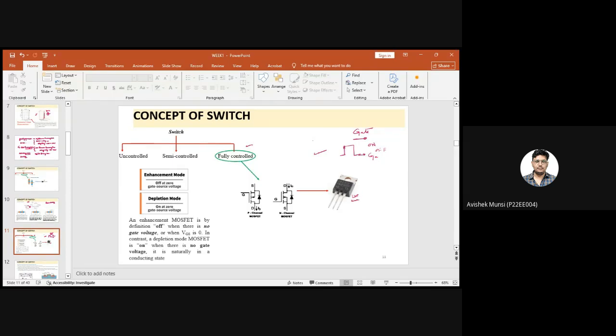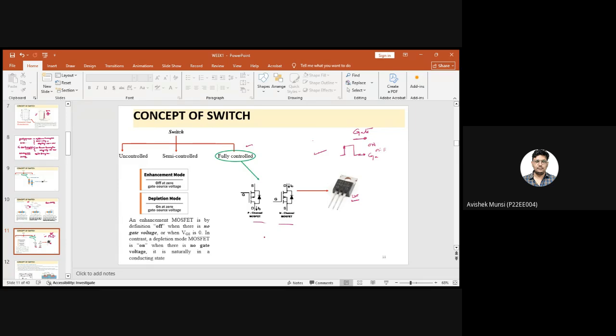This is a MOSFET. A MOSFET can be of two types: P channel MOSFET, N channel MOSFET. That depends upon the enhancement MOSFET. The enhancement MOSFET can be defined by off state where there is no gate voltage, and on state when there is a gate voltage. That is just something different than what we think. It is in off state whenever there is no gate voltage, and it is in on state whenever there is gate voltage.